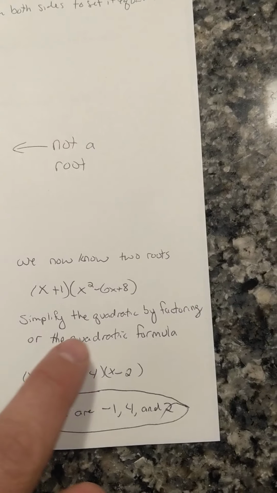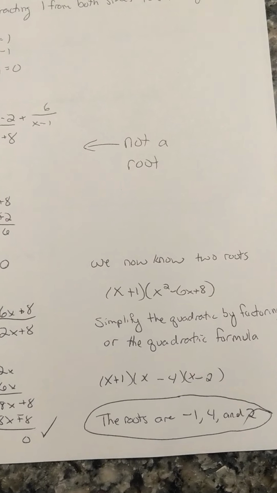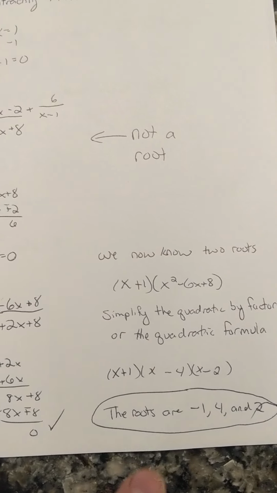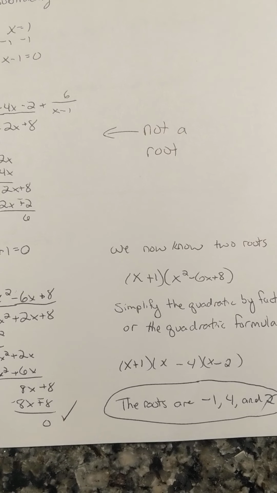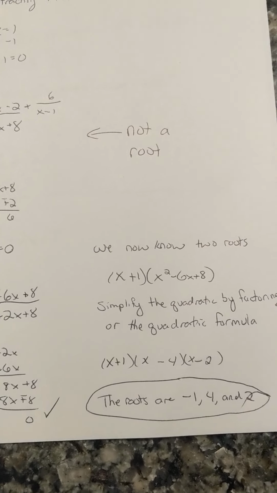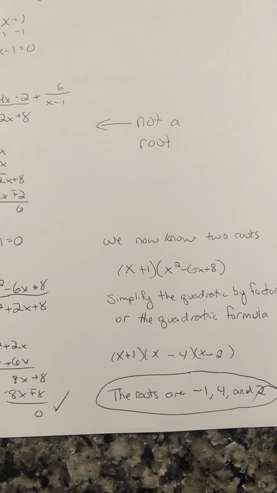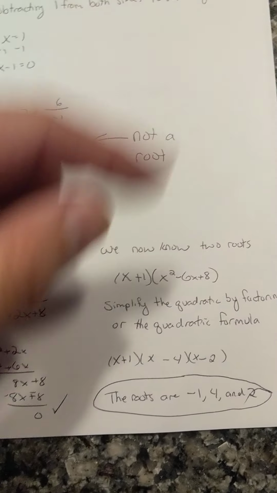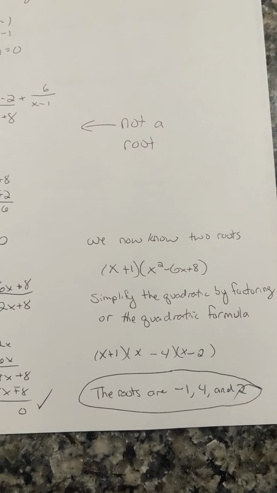So now from here, I have a quadratic. I recognize that. I can either solve it by factoring or using the quadratic formula. In this case, it's factorable, so I factored it, and I set each of those roots equal to 0, and my roots are at negative 1, 4, and 2. So that means that this thing is going to be going up and down, and it's going to be crossing the x-axis at negative 1, 2, and 4.